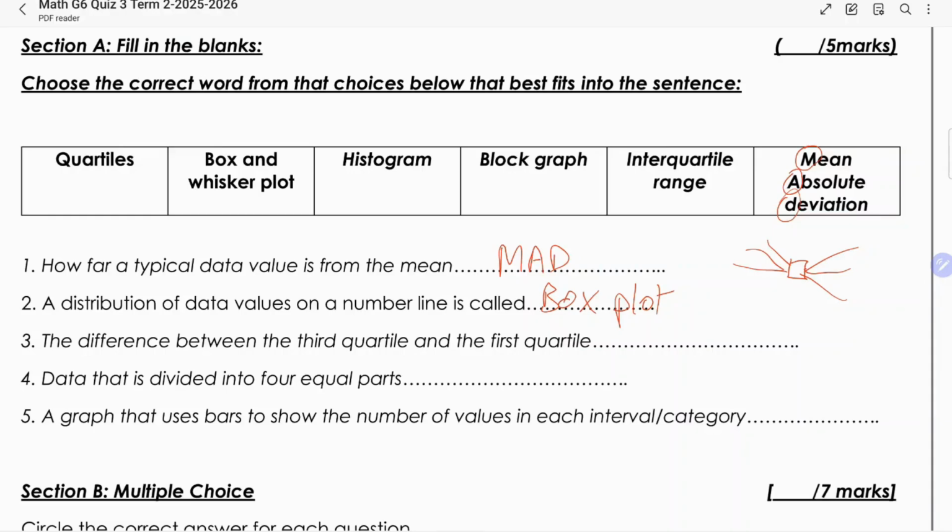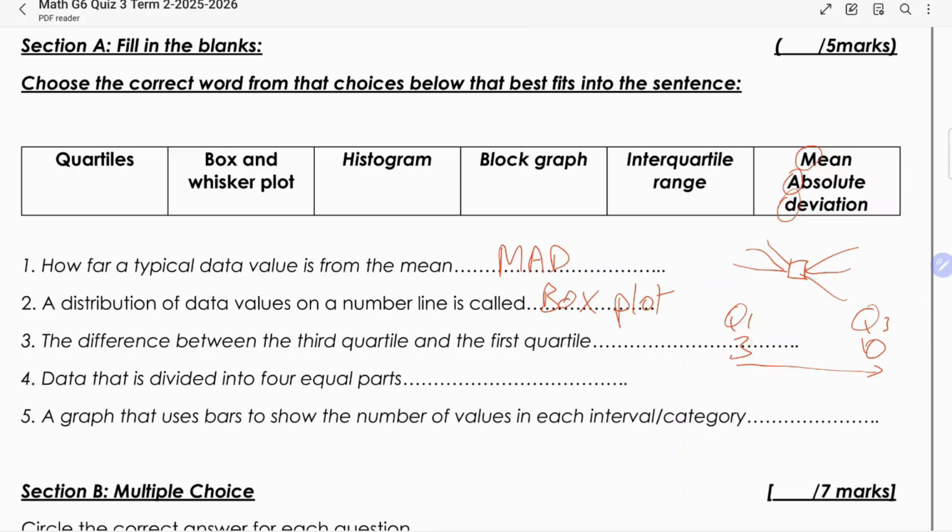Now, the third question is the difference between the third quartile and the first quartile. The first quarter of the data and the third quarter. And that's what we call interquartile range. So imagine we have Q1 and Q3, and Q1, the first quartile, is 3, and the third quartile is 10. We're just looking at the distance, which is the range, from the first quartile to the third quartile of the data.